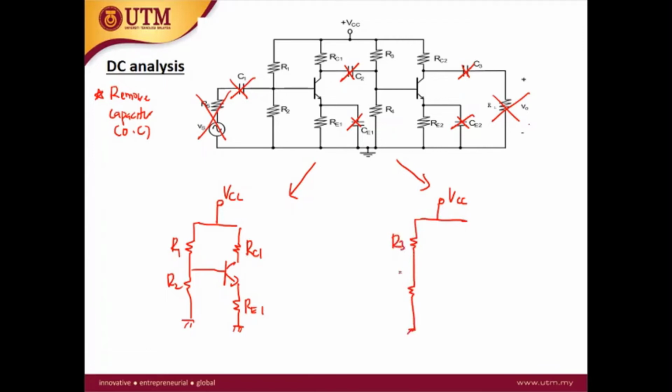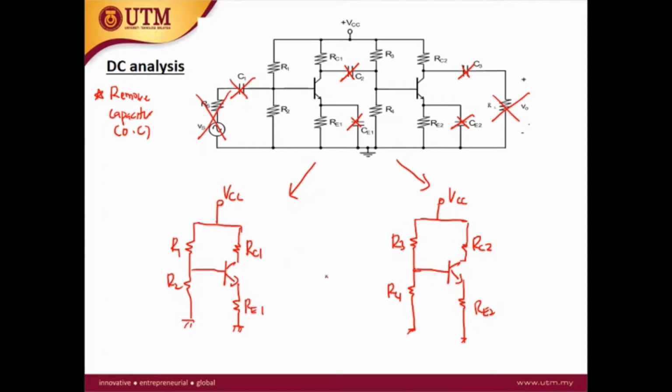This is the R3, R4, RE2, RC2. Okay, so for this RC coupled multistage, the DC analysis can be done separately.